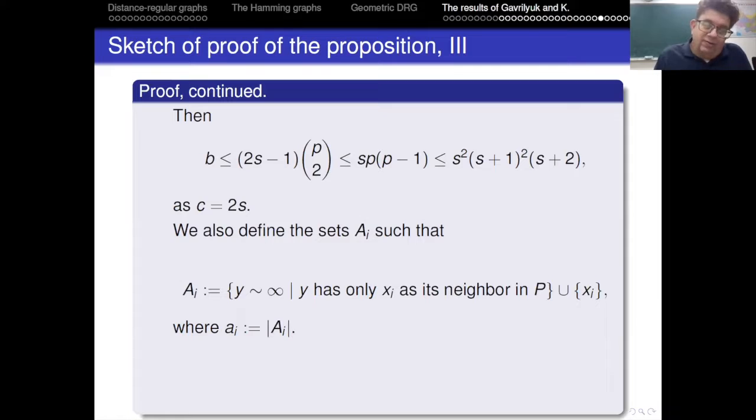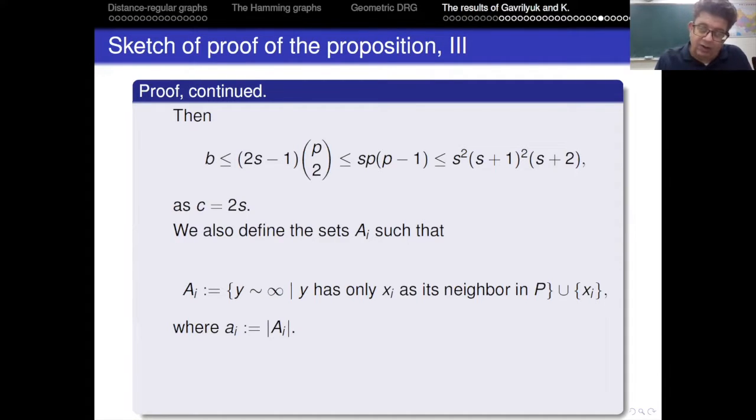Now we define the sets Ai. Ai consists of the y's adjacent to infinity that have only xi as a neighbor in P, and we also add xi to this set. We denote the cardinality of this set Ai by small ai. This has nothing to do with the intersection numbers of a distance-regular graph. There are no distance-regular graphs here.